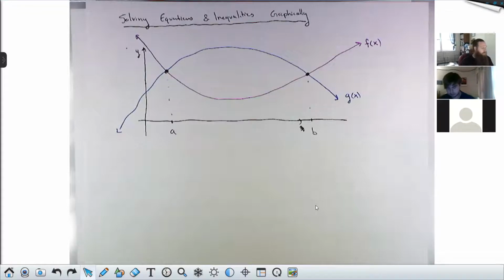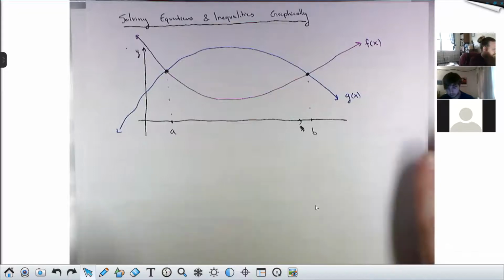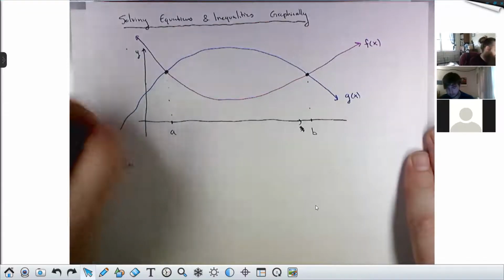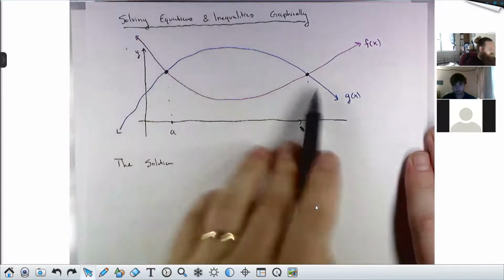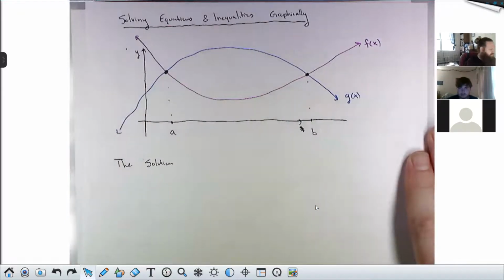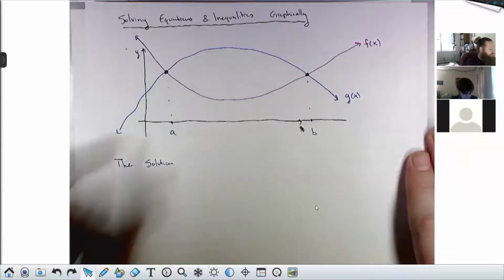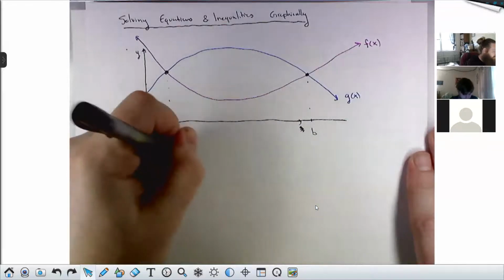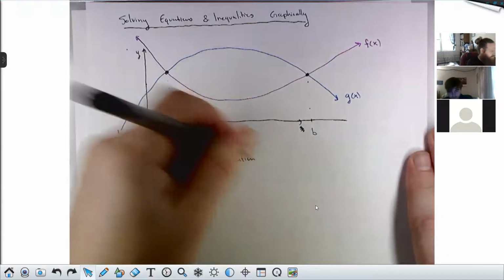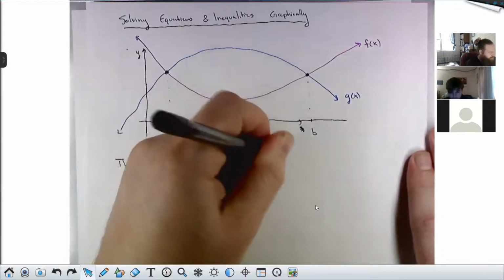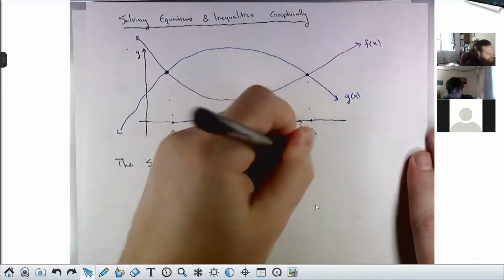So the solution, and these don't need to be at the same height. They look like they're kind of close, but this one's a little bit lower than this one. The solution to the equation f of x equals g of x.